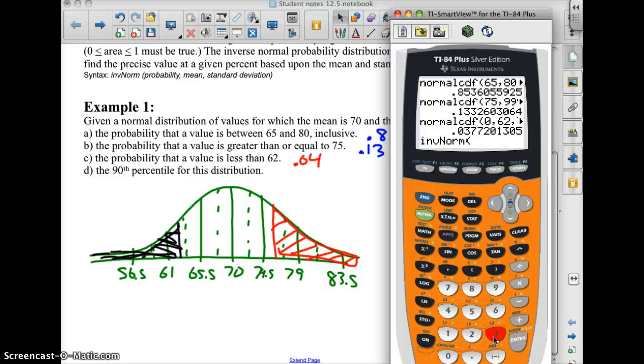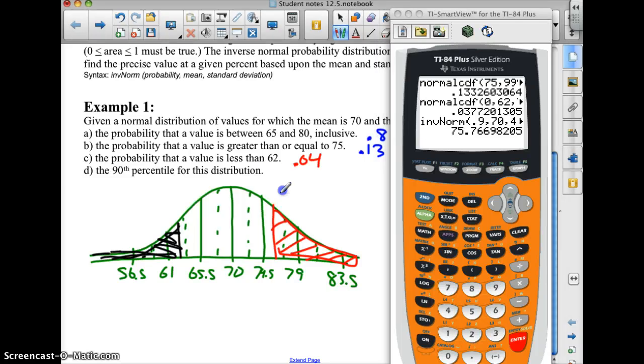What I need to do is put in 0.9, because I need to put it in as a probability. I don't put it in as a percent. 0.9, comma, 70, comma, 4.5, enter, and that's the score right there, 75.76.